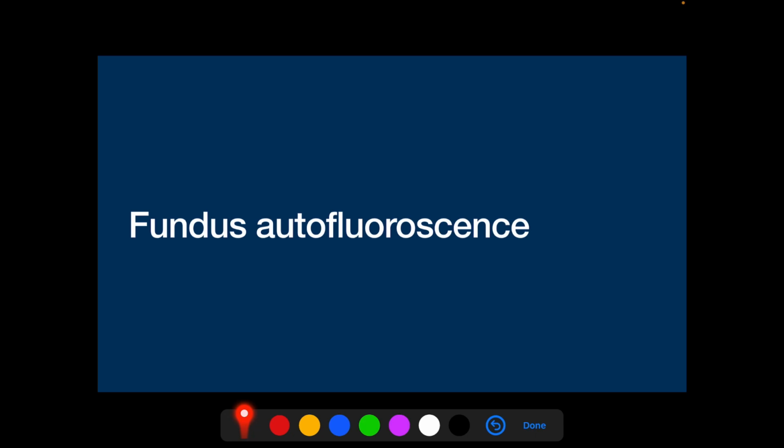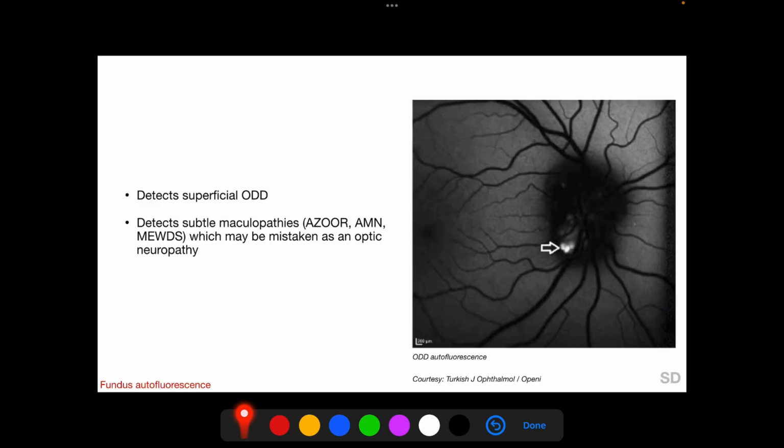Coming to fundus autofluorescence, fundus autofluorescence helps us to detect superficial ODD or optic disc drusen. Optic disc drusen are said to be autofluorescent. They do not require fluorescein to fluoresce.